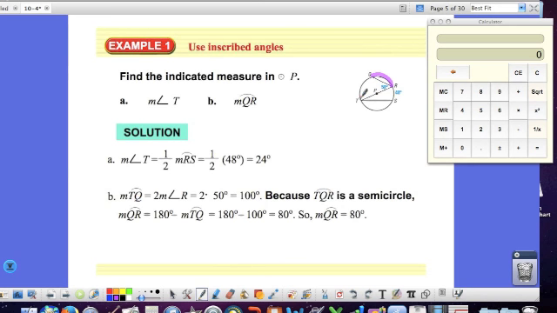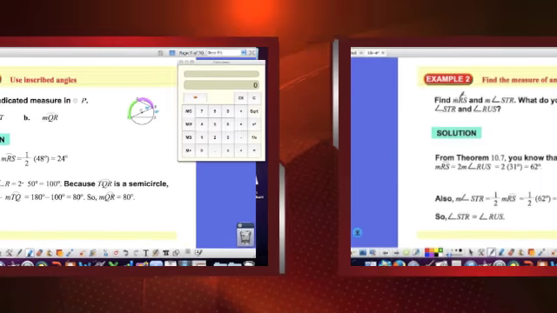So we can do TQ. This is 50, so twice that, TQ, this part here, would be 100. Because this whole thing is a semicircle, 180 minus 100 would leave that to be 80. So sometimes you have to look at solving a bigger problem to backtrack into solving the simpler problem.